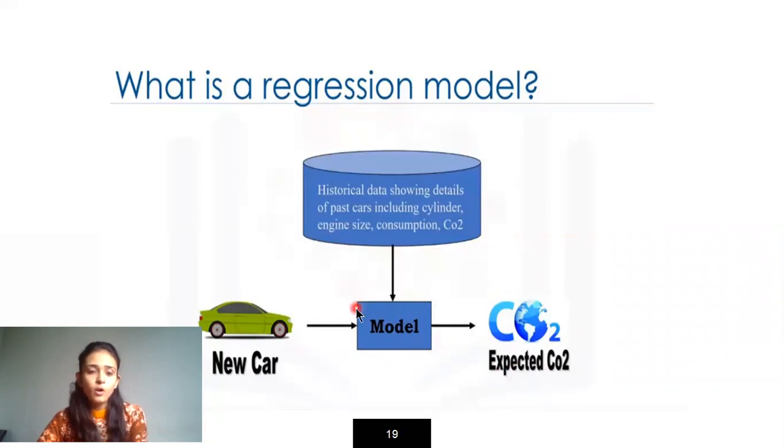So how does this model learn? The model learns from past data. Based on the past data the model is prepared, and when we input new data to the model, it will tell the future emission, that is the estimated value of CO2 in the newly manufactured car, or the car which the organization is going to manufacture.